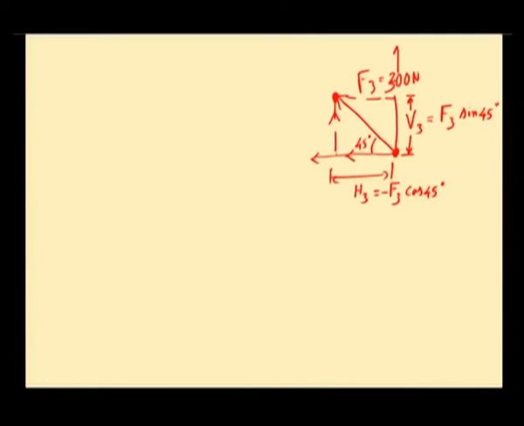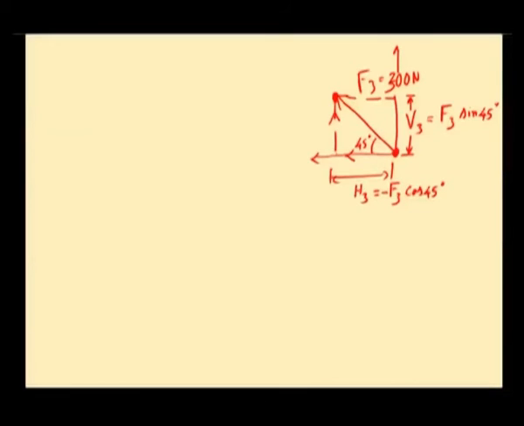Now, H3, horizontal component of F3 will be F3 cos 45. Since H3 goes towards left, the sign convention would be negative. So, H3 will be minus F3 cos 45. Now, vertical component V3 will be F3 sin 45.